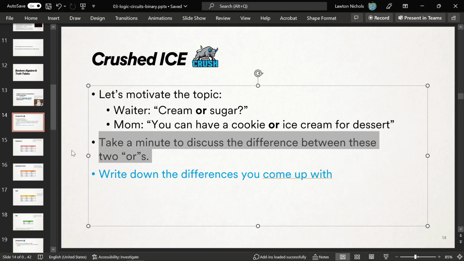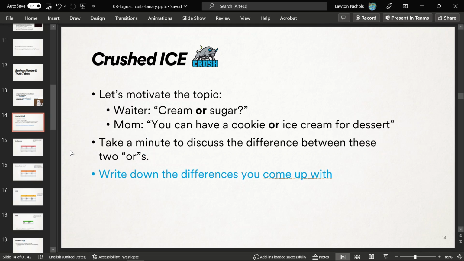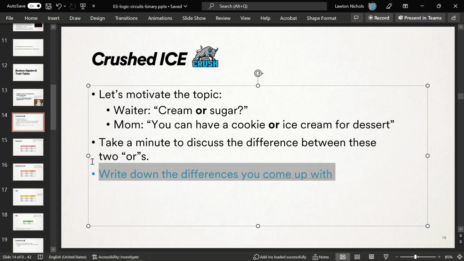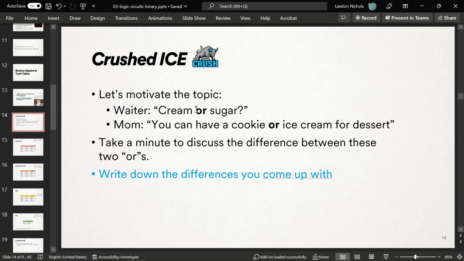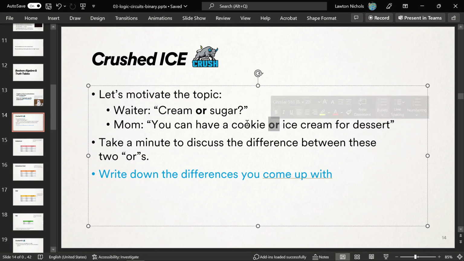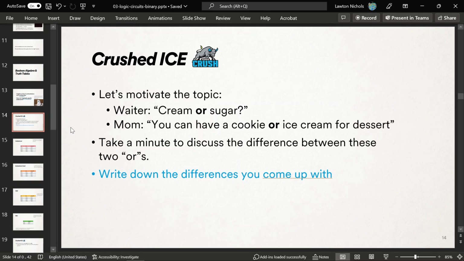It's the same word in two different sentences, but I think it means a little bit different things in each sentence, doesn't it? So talk to your peers about that. Write down the differences, as many as you can think of, between this or and this or. Okay, so these two. Any questions about the question? All right, I'll give you like 2 or 3 minutes. Have fun with this.